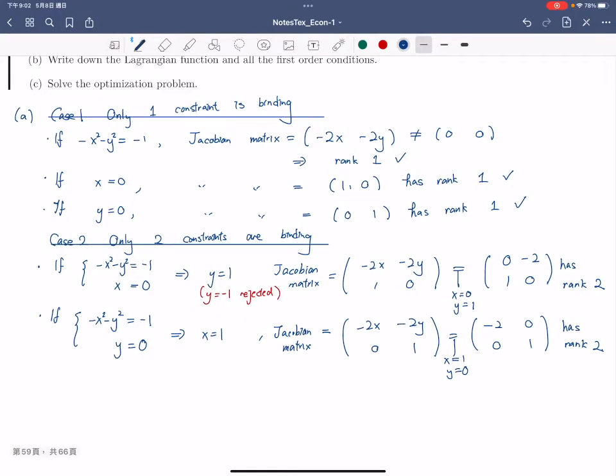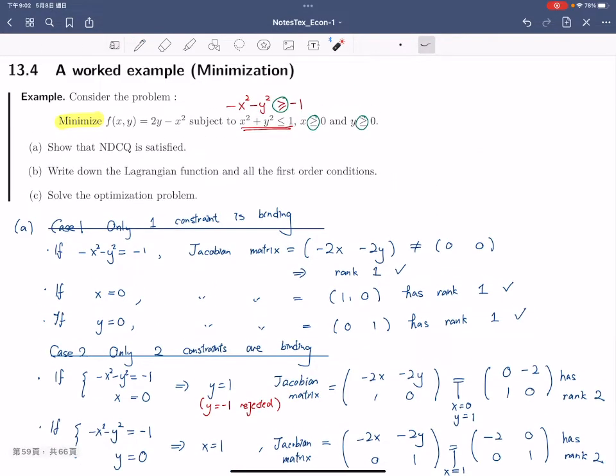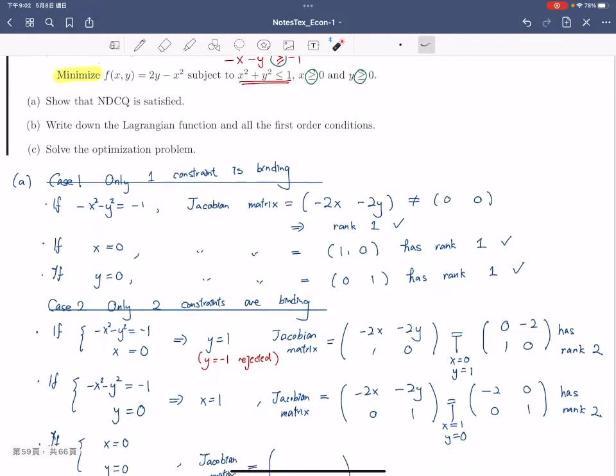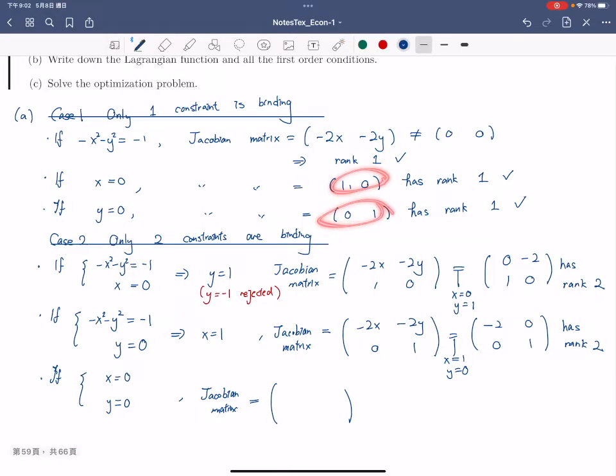And finally, if it's the last two constraints that are binding, x equals 0, y equals 0, then the Jacobian matrix, the rows will be formed by the gradient of the constraint functions, so these two rows, 1, 0, 0, 1, the identity matrix, so it must have rank 2.